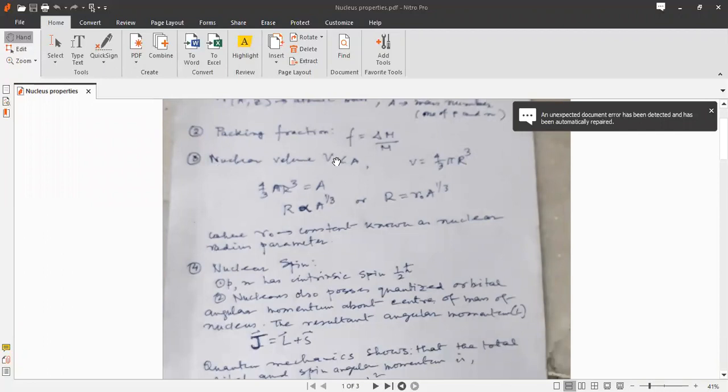Next, nuclear volume. The volume is supposed to be proportional to A, where A is the mass number. If we consider a radius for a nucleus, the volume will be 4 by 3 pi r cube.